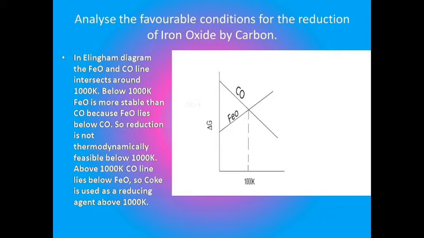That is, below 1000 Kelvin, the iron oxide is more stable because it is below the line. So, the coke cannot reduce the iron oxide below 1000 Kelvin. Thermodynamically, it is not possible. But above 1000 Kelvin, we can use the coke to reduce the iron oxide because the carbon monoxide line lies below the iron oxide line.